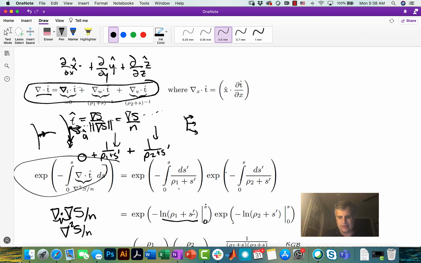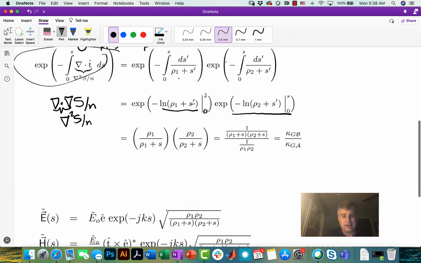And this has identical form. The one in the orthogonal direction has the identical form. Conveniently, e to the minus log is just whatever is inside there. So what I evaluate to, of course I have a minus sign so I have to flip it, is the starting condition rho sub 1 and rho sub 2, my initial radii of curvature, to my subsequent radii of curvature, which should be rho sub 1 plus s, rho sub 2 plus s.